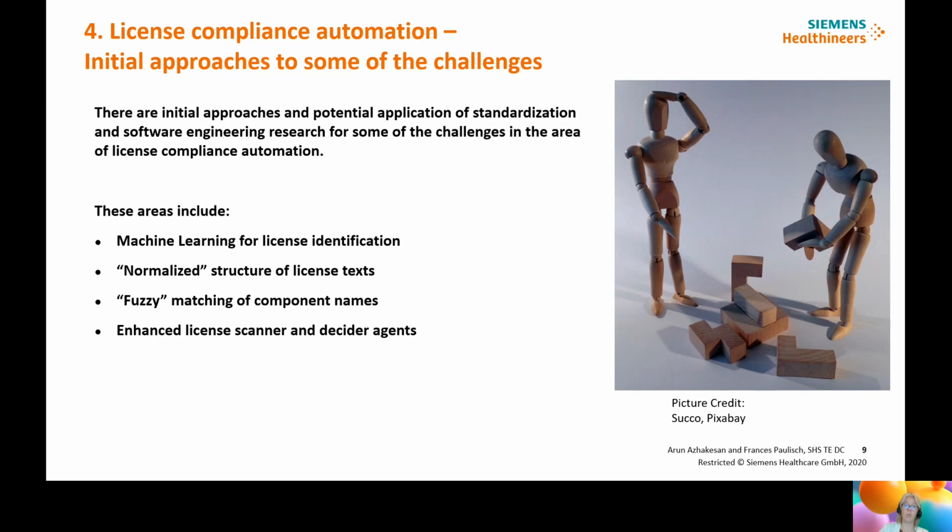One of the challenges here is the risk of having a biased training set, because if you're trying to look at all of the licenses that may be possible to be used, this list of licenses is very skewed.